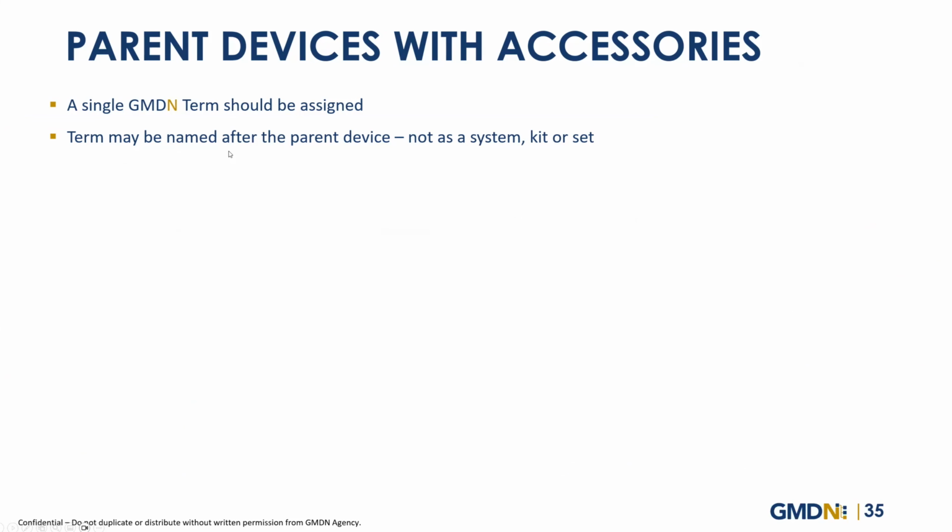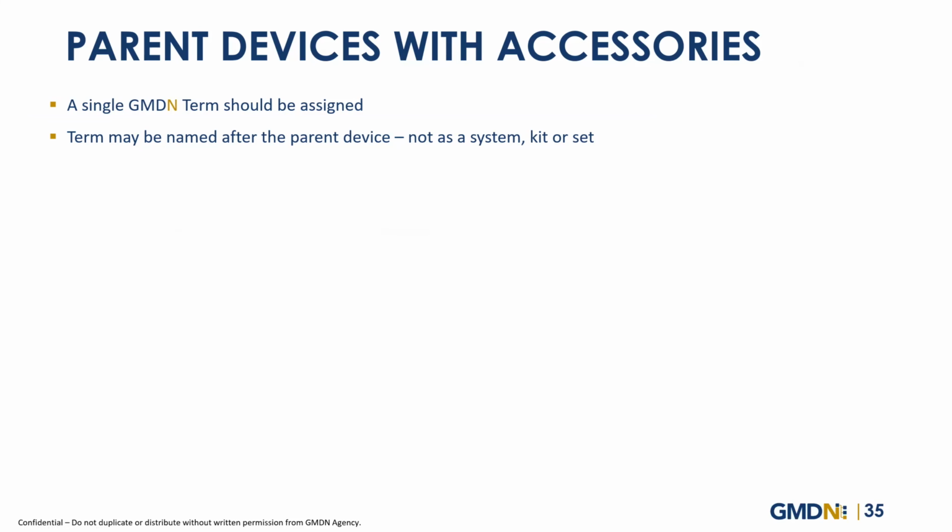Keep in mind that where the parent device is a lot more important than the accessories supplied with it, the term may not have the name of a system, kit, or set, but may be named after the parent device. And this can differ from the trade names that you may be using to promote your products.